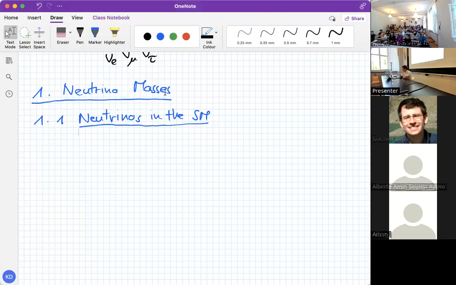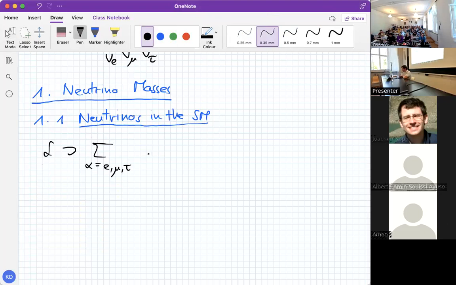So let's start with the Lagrangian of the standard model, or rather the part of the Lagrangian that's relevant to neutrino physics. There's a big sum that runs over the 3 neutrino flavors, e, mu, and tau. And then I'm going to write down now only the terms that are really relevant to neutrino physics.